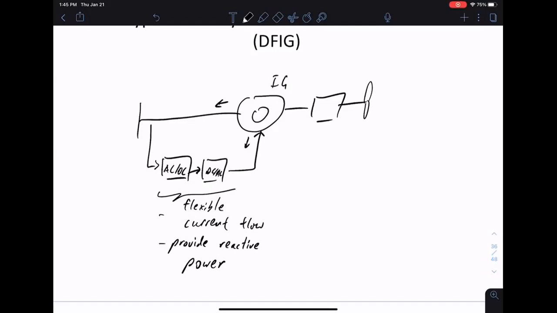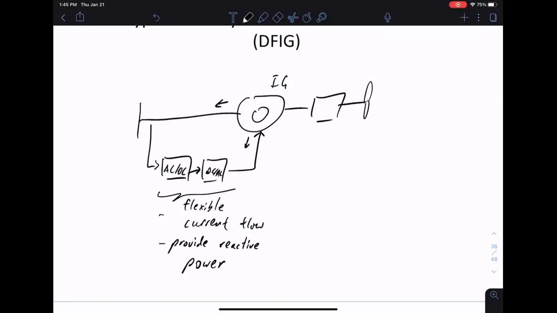So this is quite an advanced idea. And the trick here is in this DFIG design, the power electronic path carries a smaller fraction of power compared to the main path.